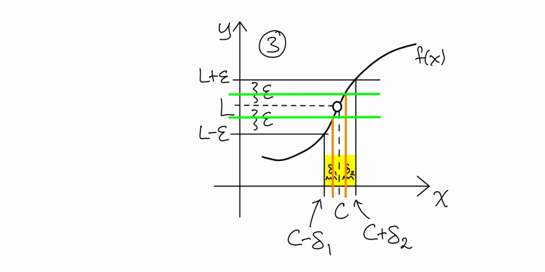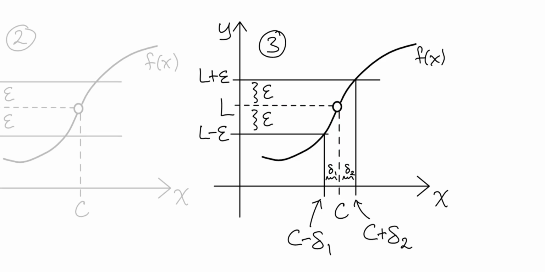So say any x within 1/5 of c will produce a y value within 1/100th of L. If I can find a matching delta for every possible epsilon, as long as epsilon is non-zero and stays positive, if I can find a matching delta, then that means the value L is the limit.